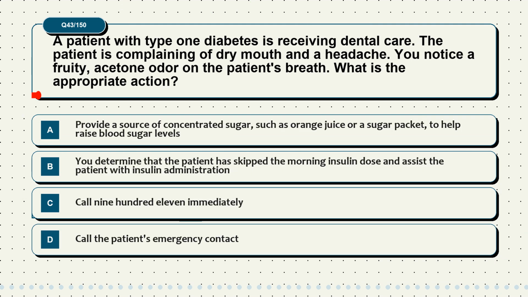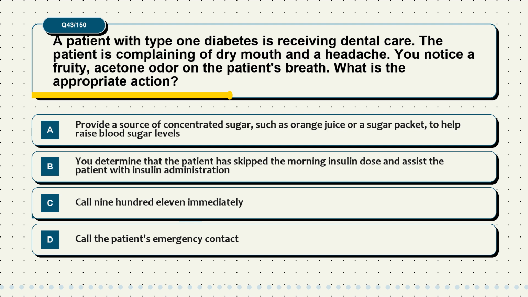Question 43. A patient with type 1 diabetes is receiving dental care. The patient is complaining of dry mouth and a headache. You notice a fruity, acetone odor on the patient's breath. What is the appropriate action? Here are the options.